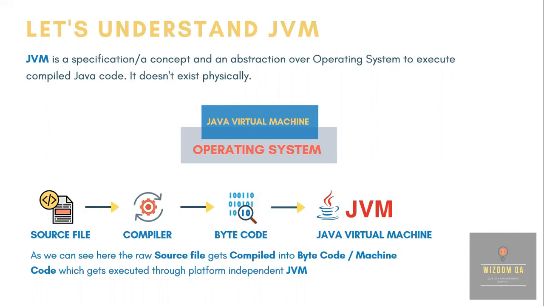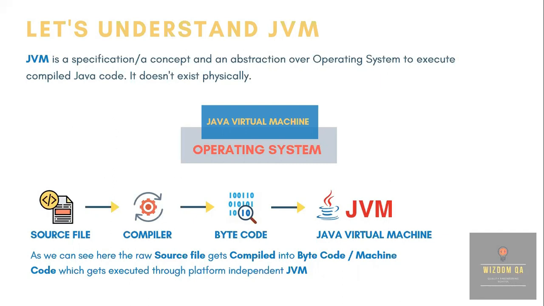Okay, so JVM is a specification or a concept. Basically, Java Virtual Machine is a concept and an abstraction over the operating system to execute compiled Java code.